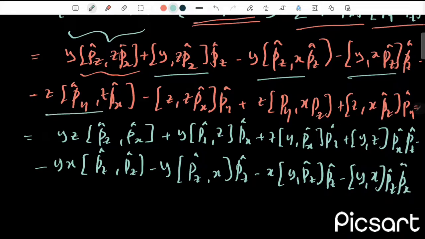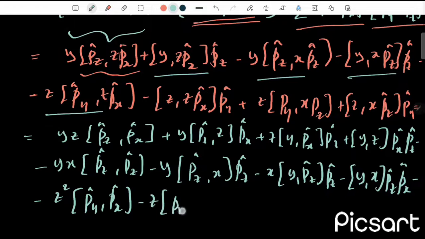Okay, now for this term I have minus z square py px minus z py z px.